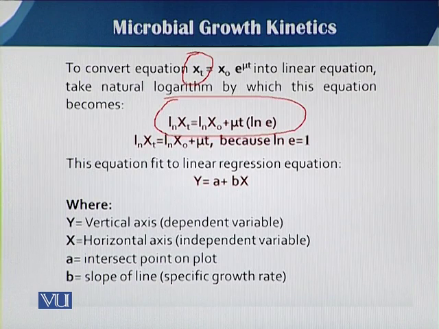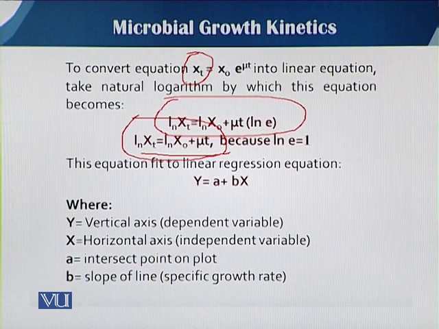So here, ln of e is automatically equal to 1. So this equation is known as ln xt equals ln x naught plus mu t.